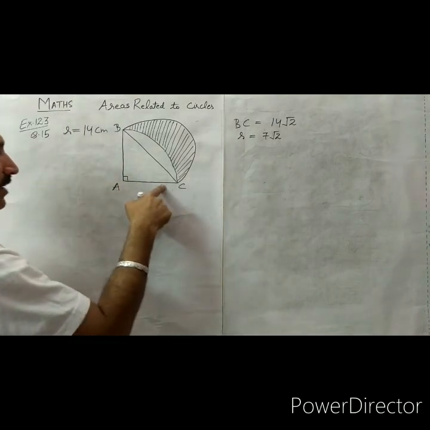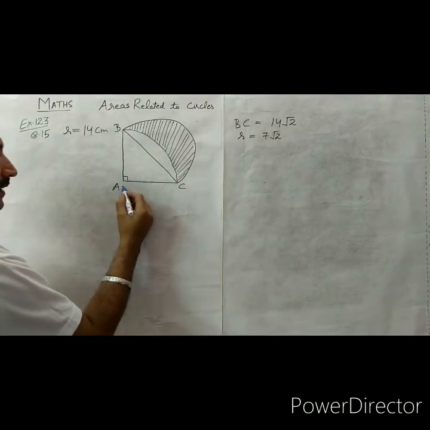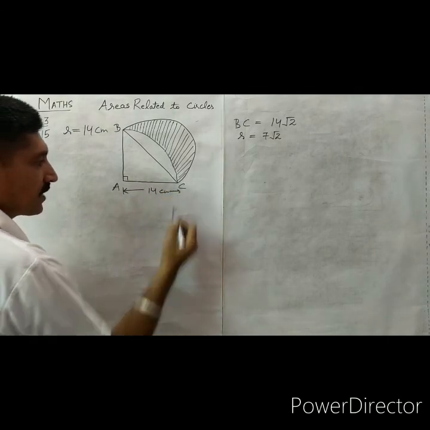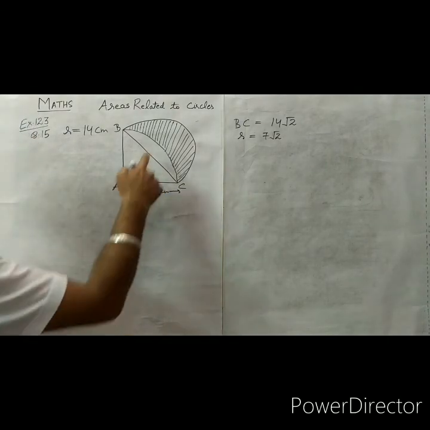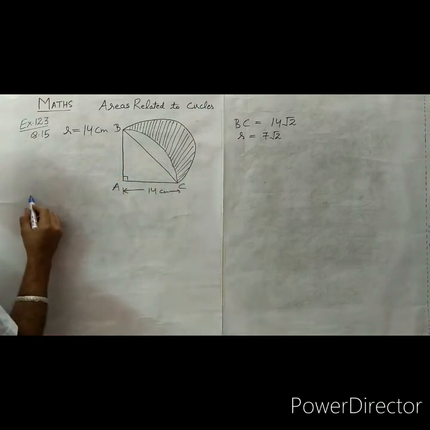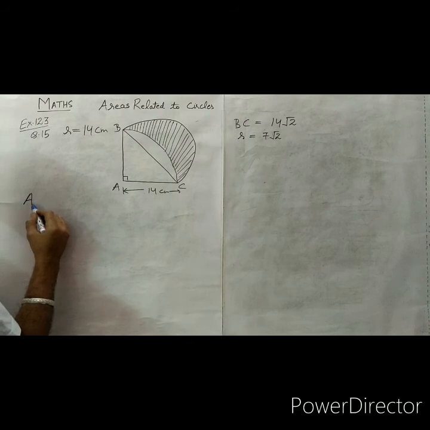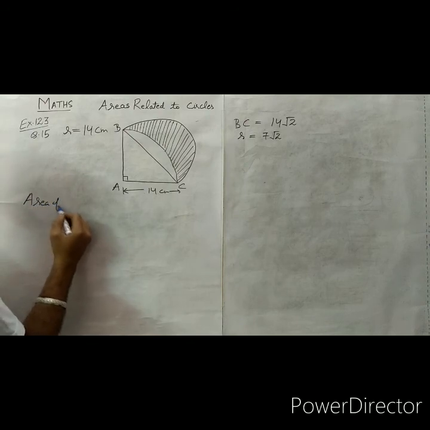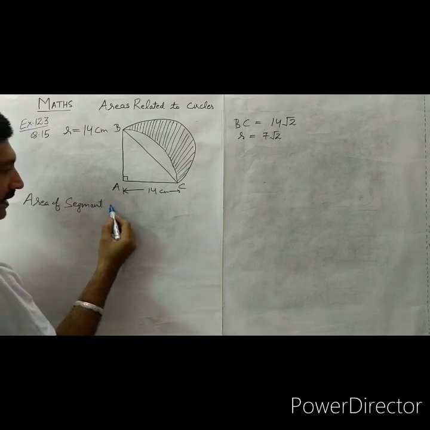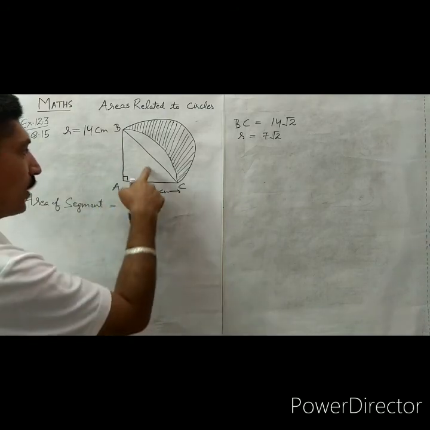Whereas as far as this quadrant is concerned, here AC is 14 centimeter. So here first we will find the area of this segment. The area of a segment is equal to area of a quadrant.